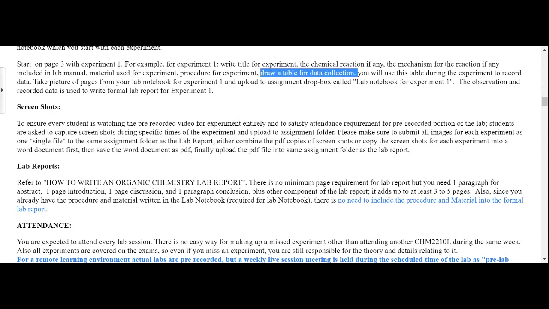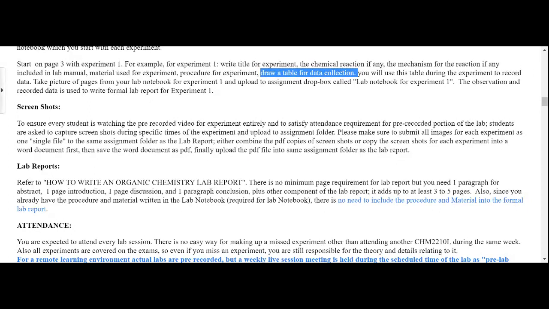For screenshots, it doesn't kick in until experiment 3 or 4. After that, I'm asking you, while you're watching the videos, to take a screenshot at certain times, and you are going to take all those screenshots. Please do not submit separate images.